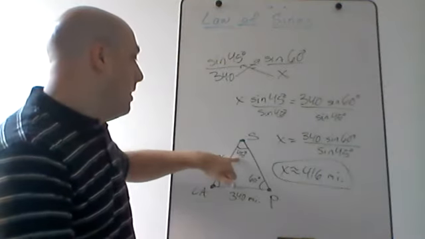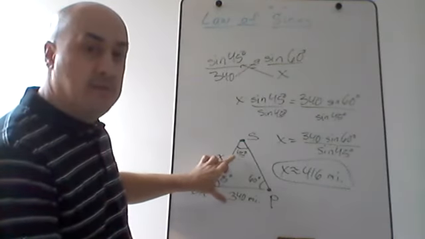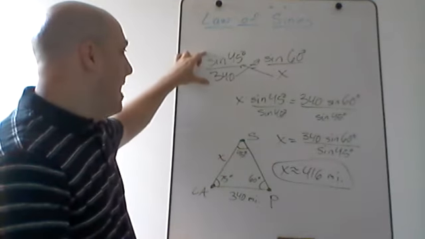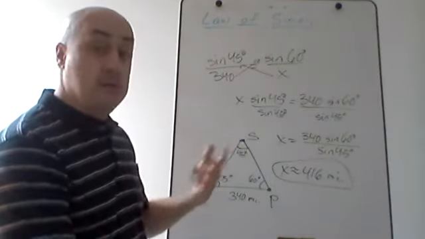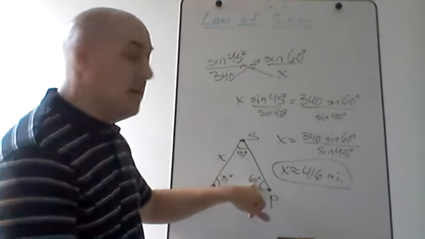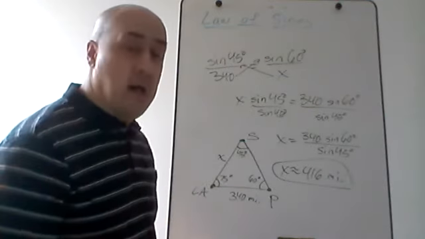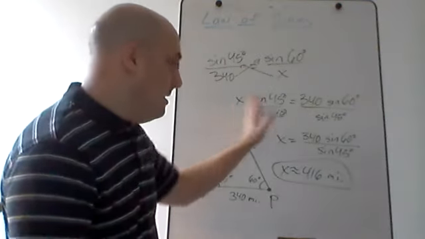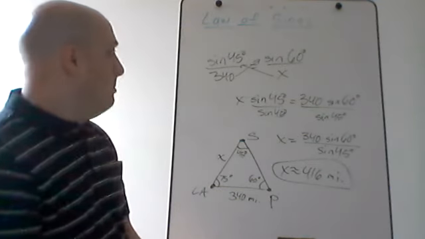So you need one angle with its opposite side, in this case, the 45 degrees and the 340 miles, that makes up one of your fractions. And then the other fraction is whatever it is you're trying to solve for. In this case, we're trying to solve for side x. So I have to use the sine of its opposite angle, sine 60 over x. And then it's just cross multiplying and basic algebra, and then putting it into the calculator at the end to get your result. So that's an example of the law of sines.